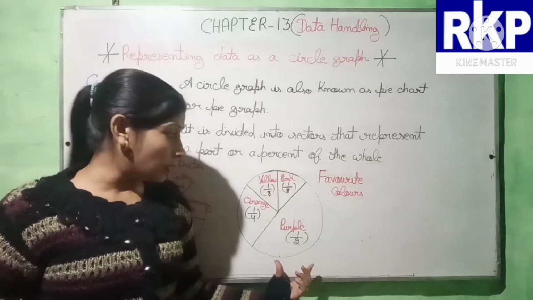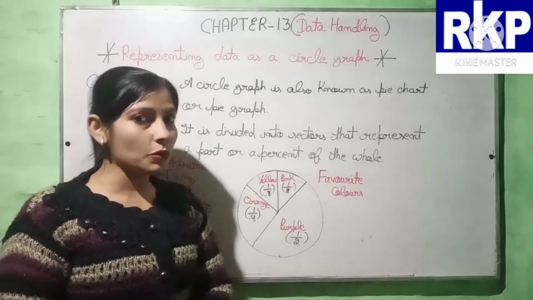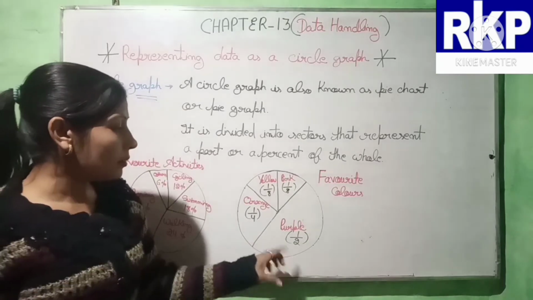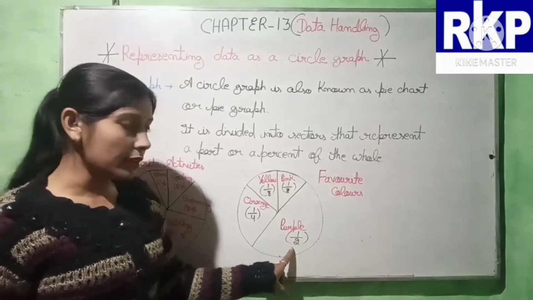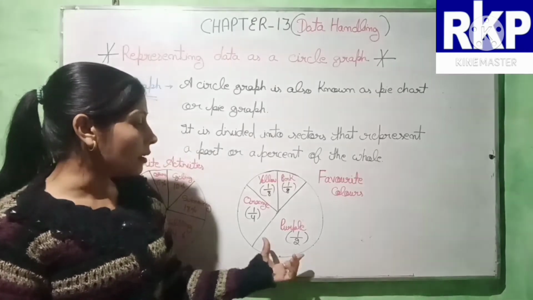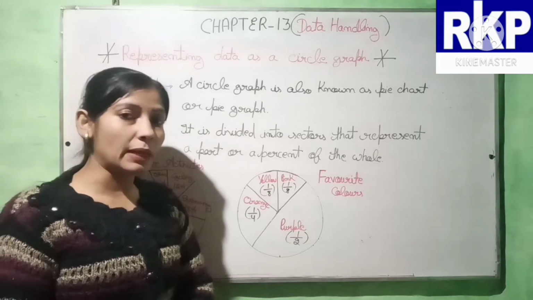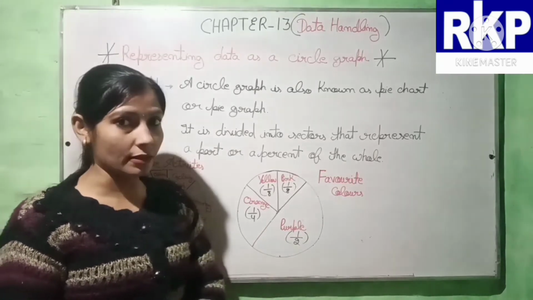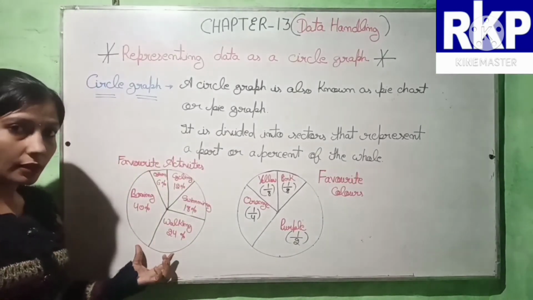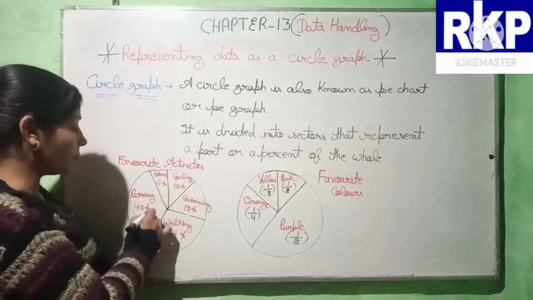This circle graph represents the favorite colors for a group of students. Here you can see purple 1 by 2. 1 by 2 is a fraction. It means in this circle graph, the given data is represented according to fraction. But in the other circle graph, the given data is represented according to percentage.